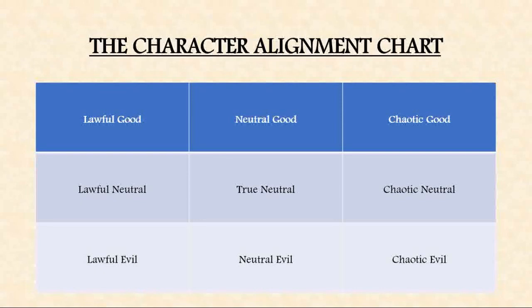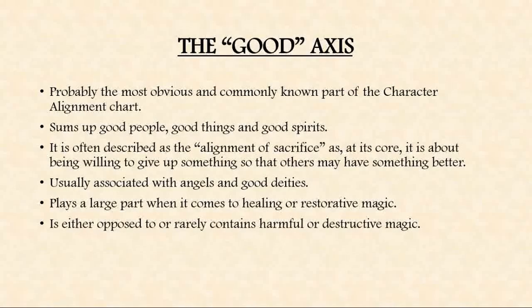The character alignment chart has lawful good, neutral good, chaotic good, lawful neutral, true neutral, chaotic neutral, lawful evil, neutral evil, and chaotic evil. The good axis, probably the most obvious and commonly known part of the character alignment chart, sums up good people, good things, and good spirits.